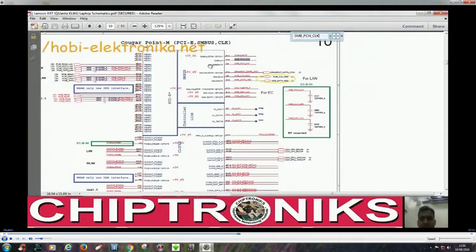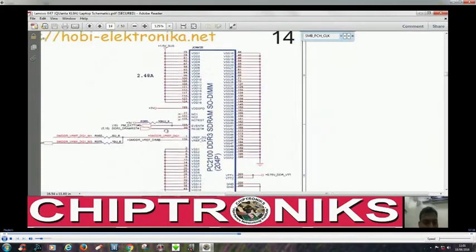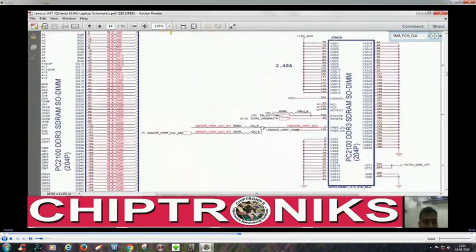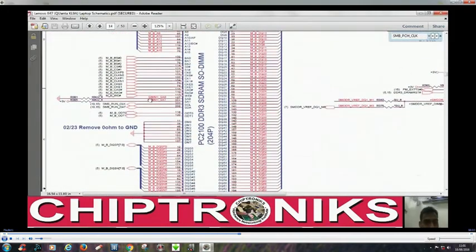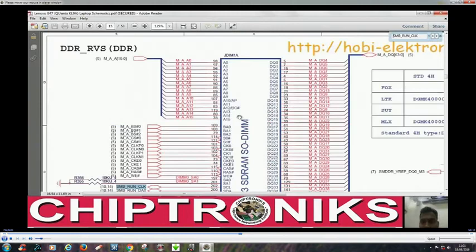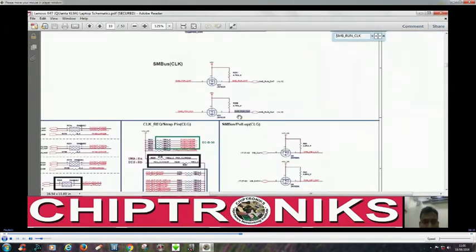As you can see here in Lenovo E47, we go to the RAM slot, page number 14, and you see there is SMB_RUN_CLK, SMB_RUN_DATA. So we search SMB_RUN_CLK. Who is providing this clock? SMB_RUN_CLK is provided by SMB_PCH_CLK.